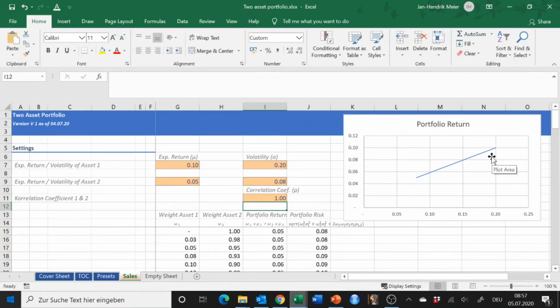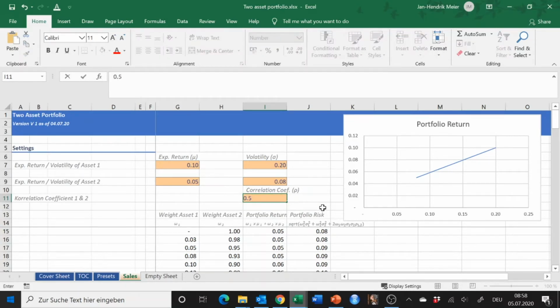And if asset number 1 is going up, the other one is going up too. So the portfolio risk then is just a linear mixture between those two assets. I'm now going to reduce the correlation. So I'm now going to reduce it to 0.5.